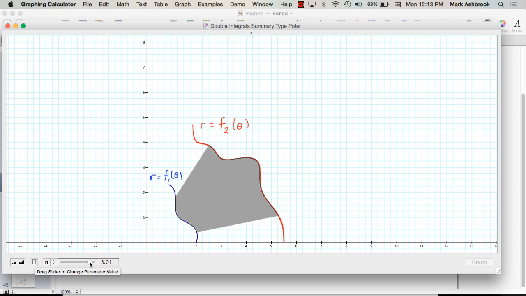Inner to outer, starting theta to final theta, and we know that sweeps counterclockwise, right? If we're going from lesser to greater theta, which is what we'll typically see, it'll go inner to outer in r, dr, and then theta goes from starting theta to final theta, which is normally a counterclockwise sweep.